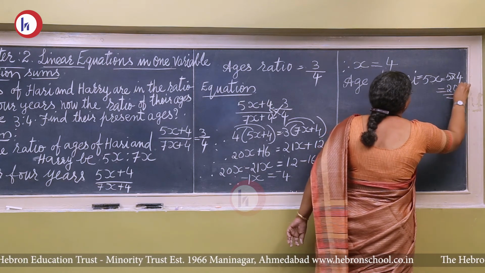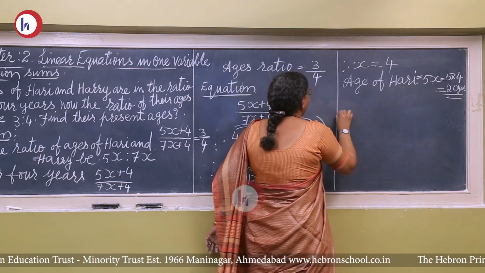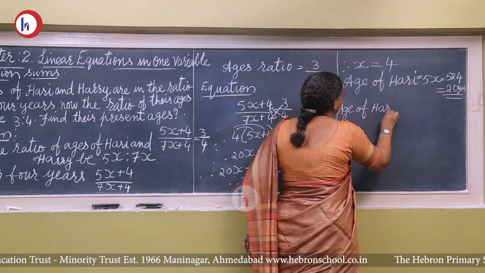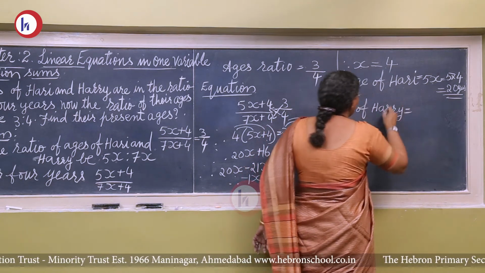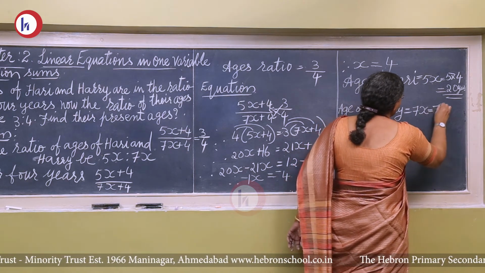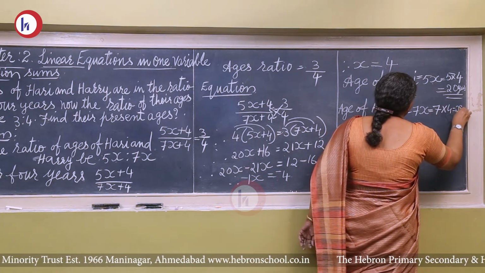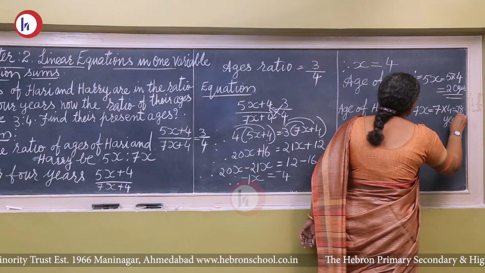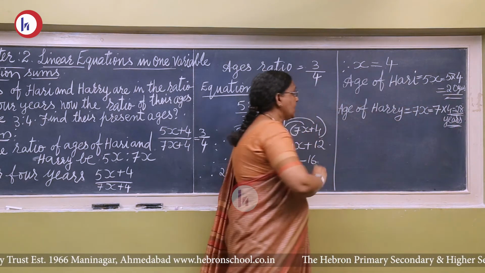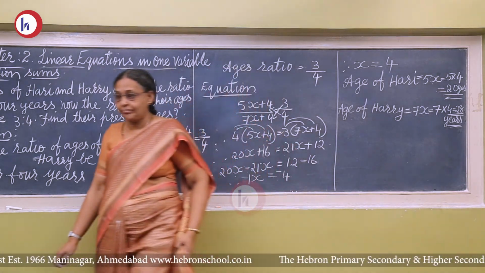Then again, the age of Harry is equal to 7x. Substitute the value of x, that is 4. 7 into 4 is equal to 28 years. So the present age of Heidi is 20 years and the present age of Harry is 28 years.